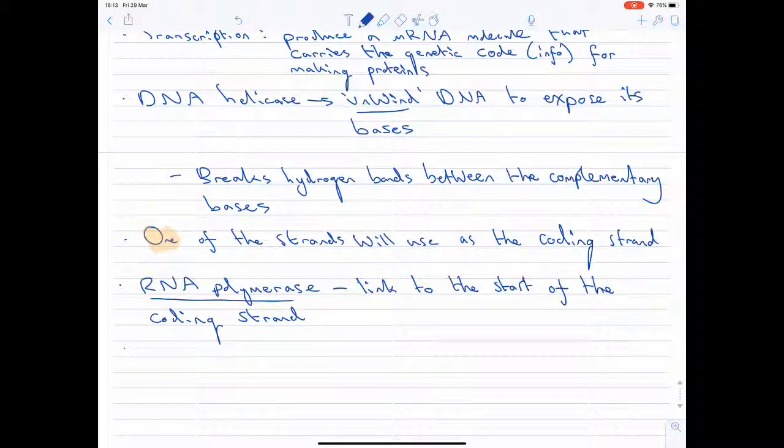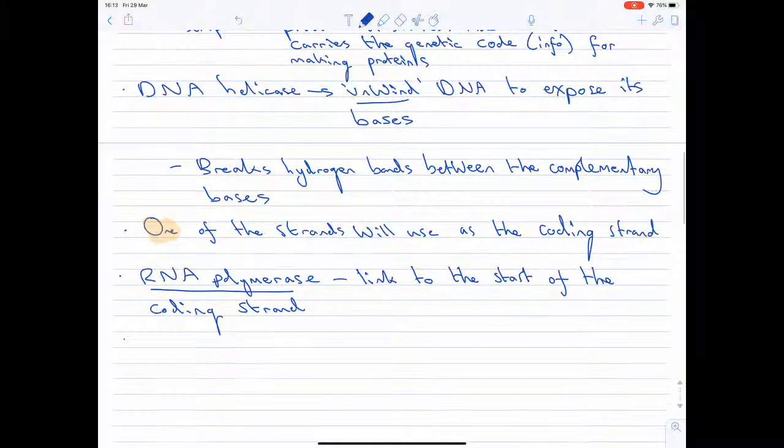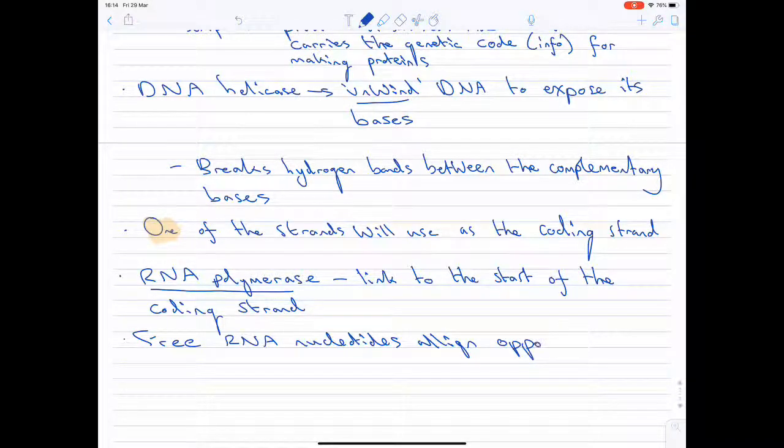What's going to happen now is that in this region in the nucleus, free RNA nucleotides basically align opposite to the complementary base.